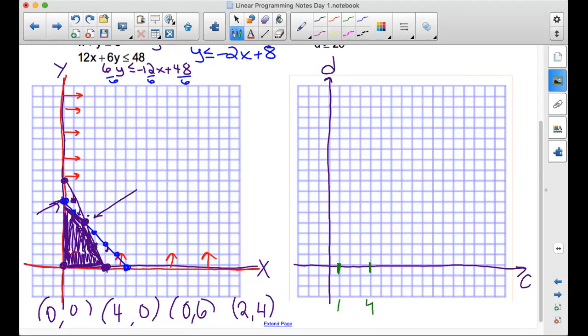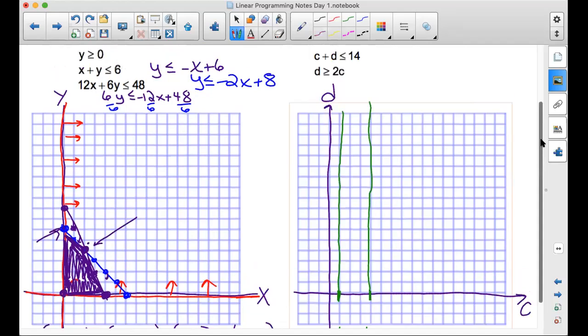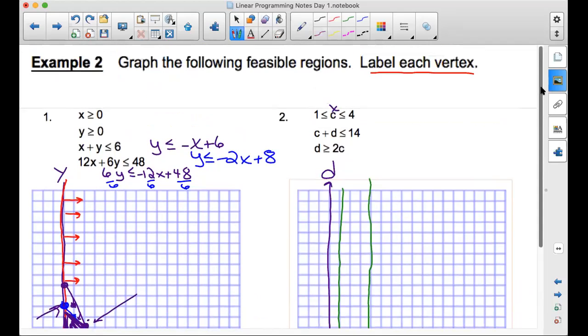My graph has to be between those two values. When I have values for x, it's vertical lines. So I'm going to make 2 vertical lines at 1 and at 4. My answer is going to be in between those 2 vertical lines. Because if I look at my inequality, the way it's written, it's in between those 2 numbers. So my graph should be shaded in between there. Because my variable is in between the values.